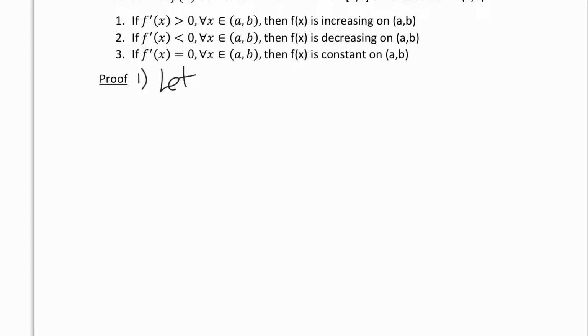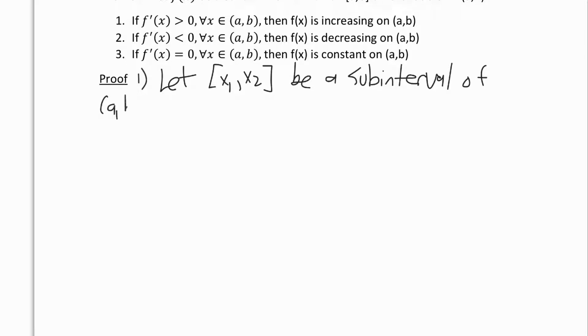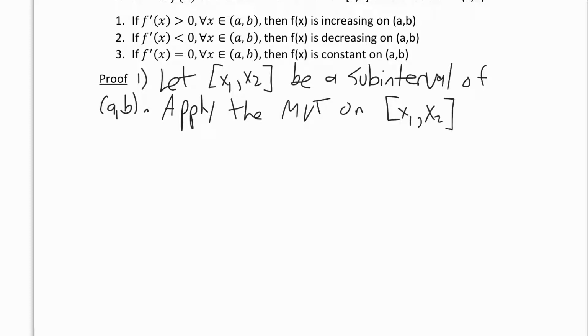So we're going to let x1, x2 be a subinterval of a to b. And now we are going to apply the mean value theorem on the subinterval x1 to x2.